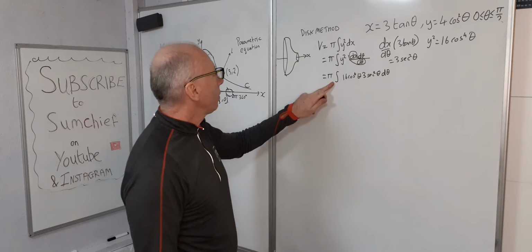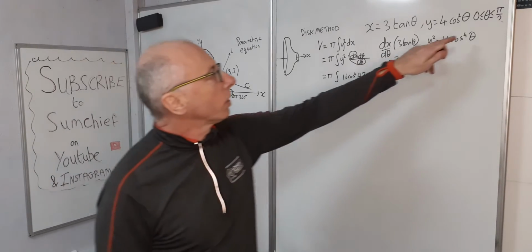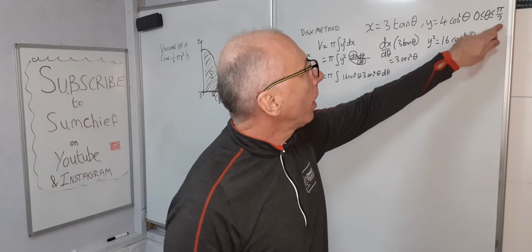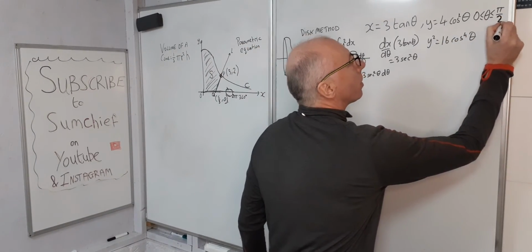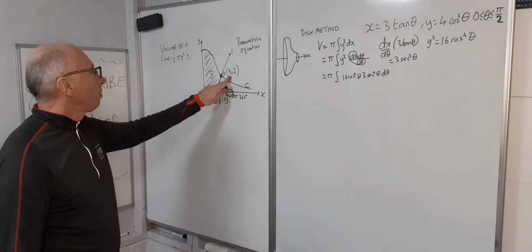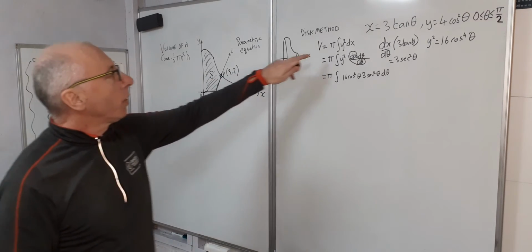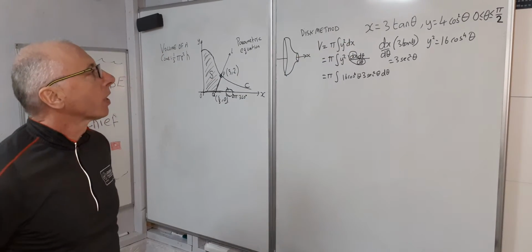Okay, so our limits of integration. We can't just put 0 to 2 pi in, because that won't work, because our theta is between 0 and pi over 2. So what do we know about theta? Well, we know we've got a value for x here on our parametric equation. So we know that x can be 3 here.